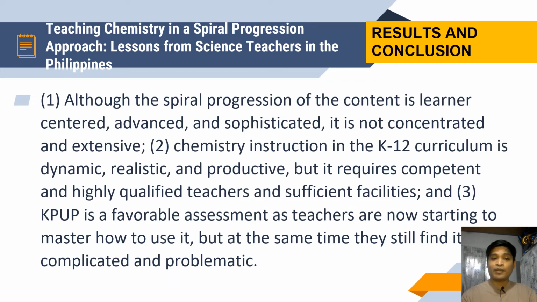And KPUP, or the knowledge, process, understanding, and performance, is a favorable assessment as teachers are now starting to master how to use it. But at the same time, they still find it complicated and problematic.